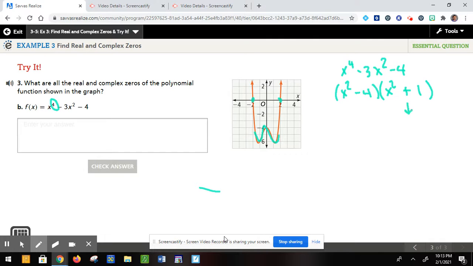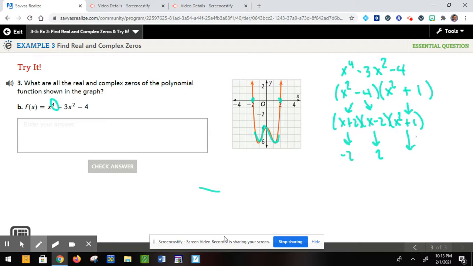Nothing else you can do with this, but this can break into, since it's a difference of squares, x plus 2 and x minus 2. So that's the thing fully factored. You can get 2 zeros out of it, the -2 and the +2 that you were seeing up here anyway, but then this is giving you the imaginary zeros that you're going to need.